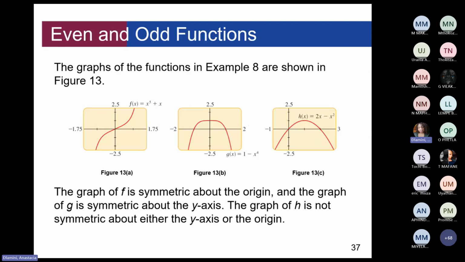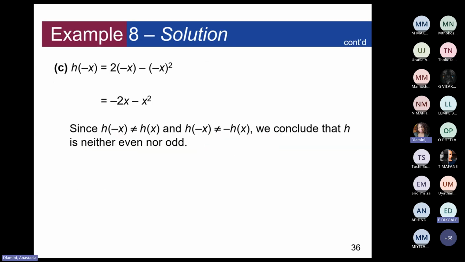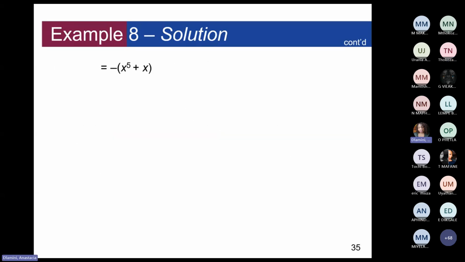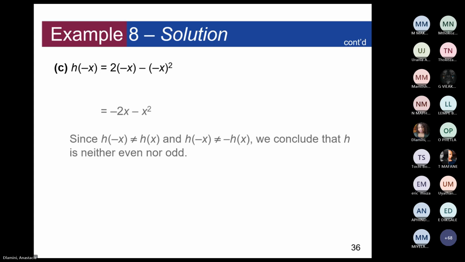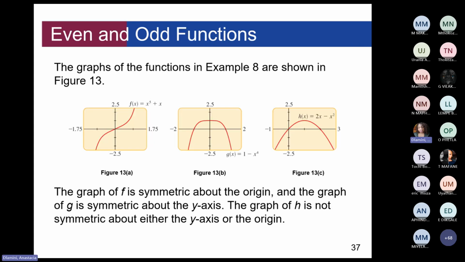Now, the graphs of the functions in example A are shown. We said the first graph is odd, and we said the graph of an odd function is symmetric.